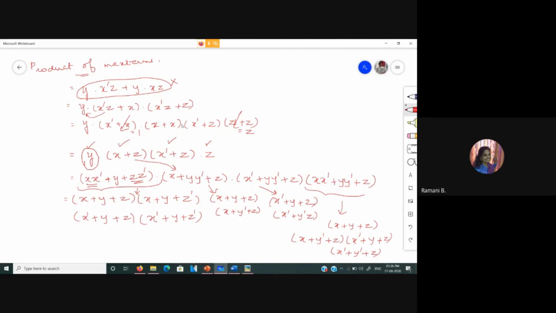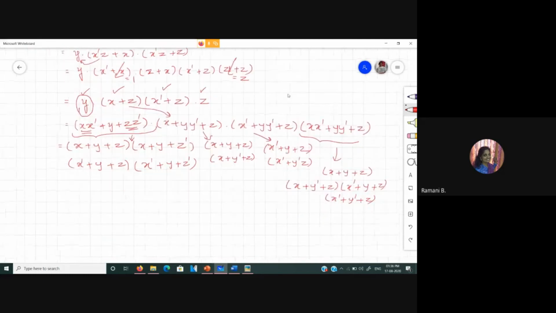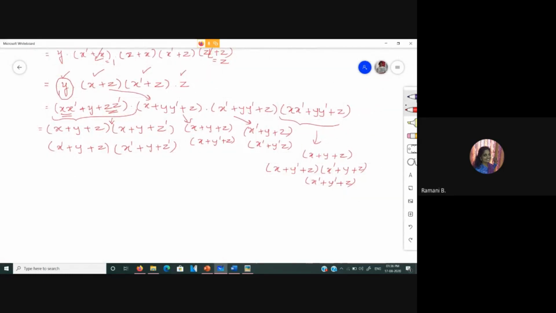Okay, now you need to look for repetitive terms and drop those out. So here the repetitive terms, I have x plus y plus z in this, as well as in this. So I can drop it and write it simply once. So x plus y plus z. Then x plus y plus z bar.